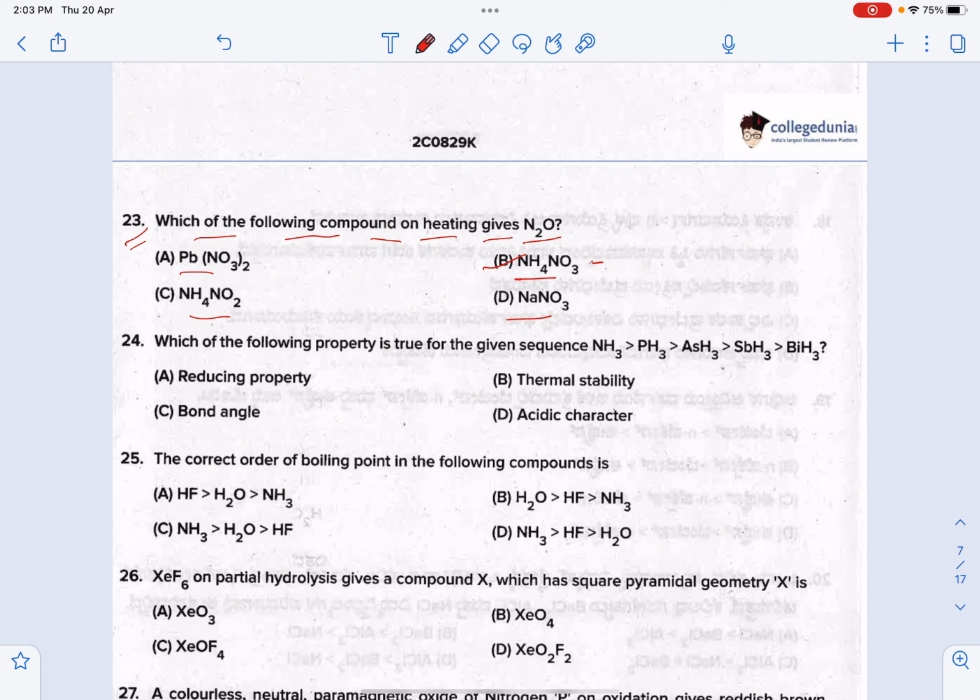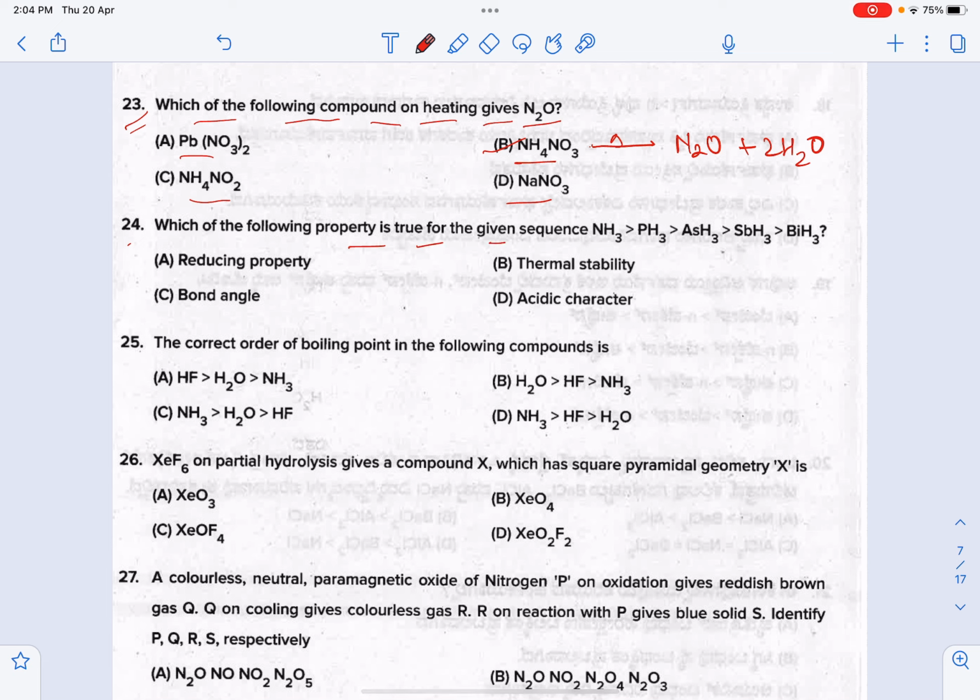Next question: which of the following properties is true for the given sequence? This is the sequence and there are some properties: reducing property, thermal stability, bond angle, or acidic character.